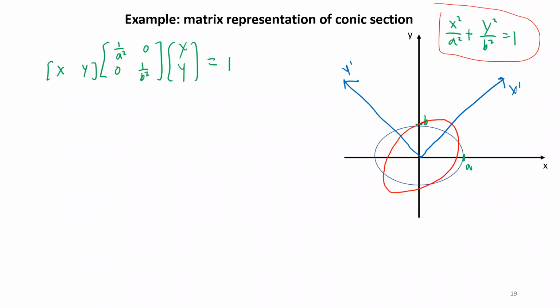In this new coordinate system, right? So then the ellipse will still be written exactly like this form, right? But this time, of course, I need to use x prime and y prime instead of xy. Right. So in the new coordinate system, this form here.